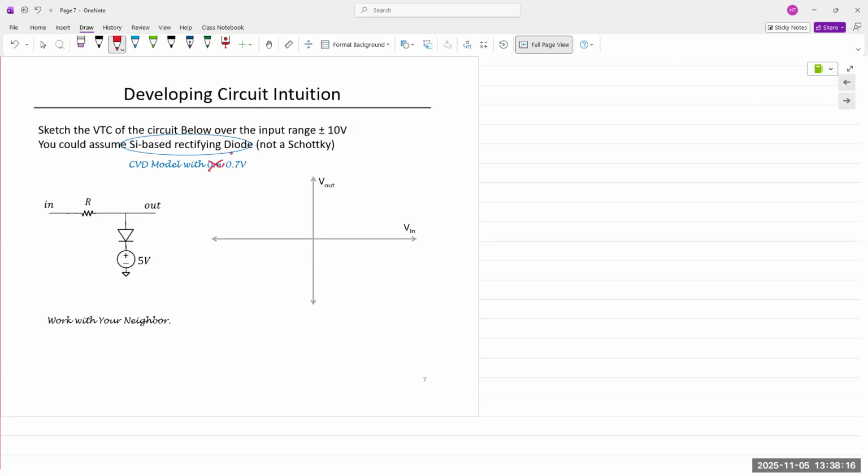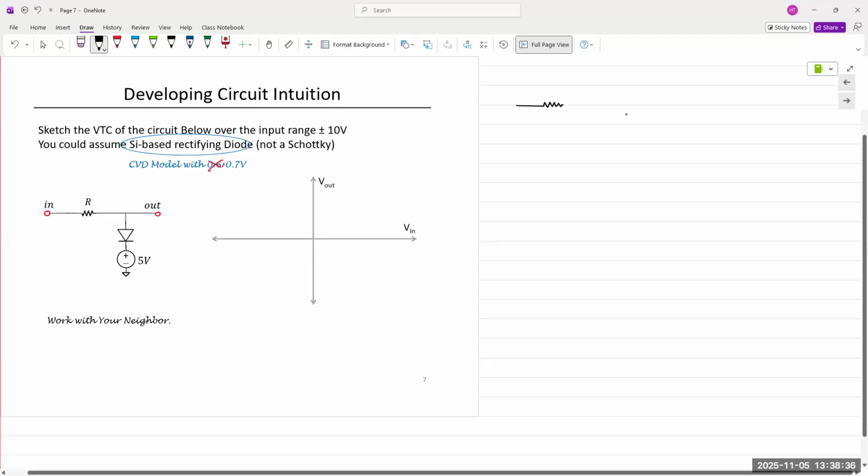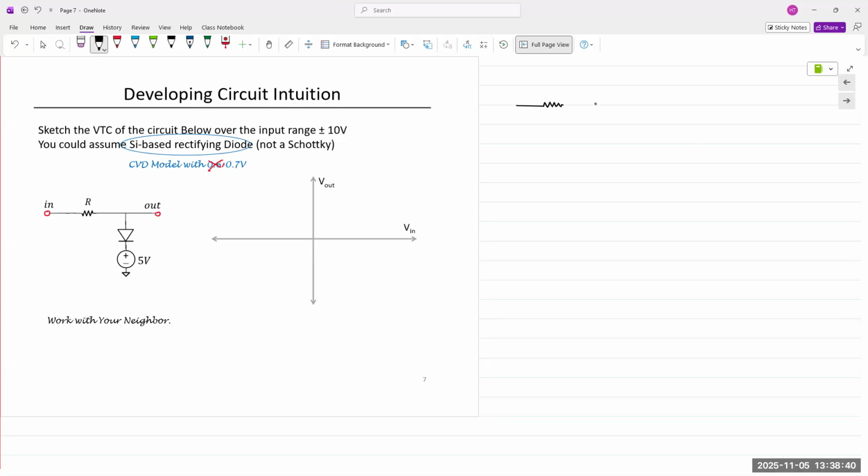0.7 volts CVD model, and we are applying V in on the left, measuring V out on the right. These are the ways the circuit diagrams are drawn. The actual circuit, if I wish to draw it complete, would look something like this.